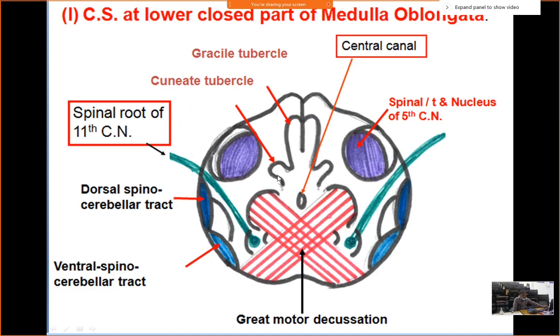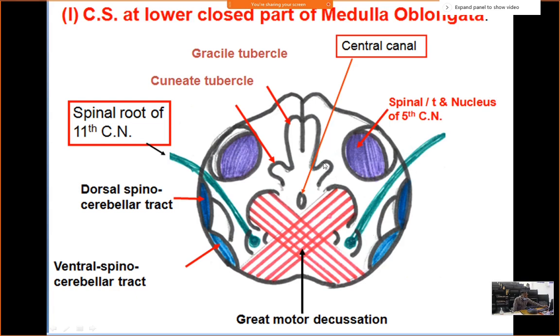In the spinal cord we can see uniformity, but here the dorsal part of the gray matter becomes elongated, strip-like, and these are called the gracile tubercle and cuneate tubercle. Then there is the central canal. Central canal is present. Next, outer to the gray matter, we have the white matter.